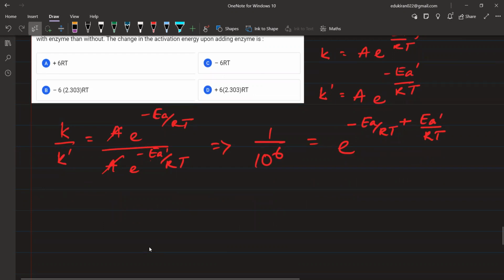I'll try. 10 to the power 6... Reverse it, it will be easier for you. I think write it like this. 10 to the power 6 will be equal to e to the power, make the minus a plus. So this will be EA, make this minus, EA dash upon RT.